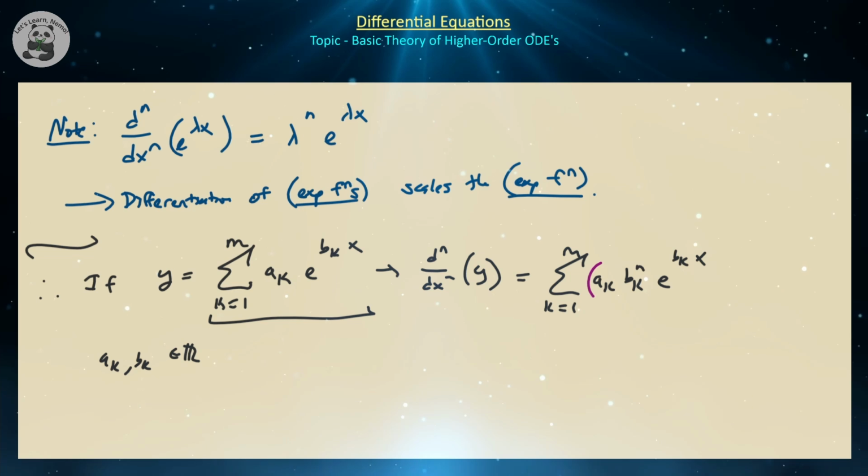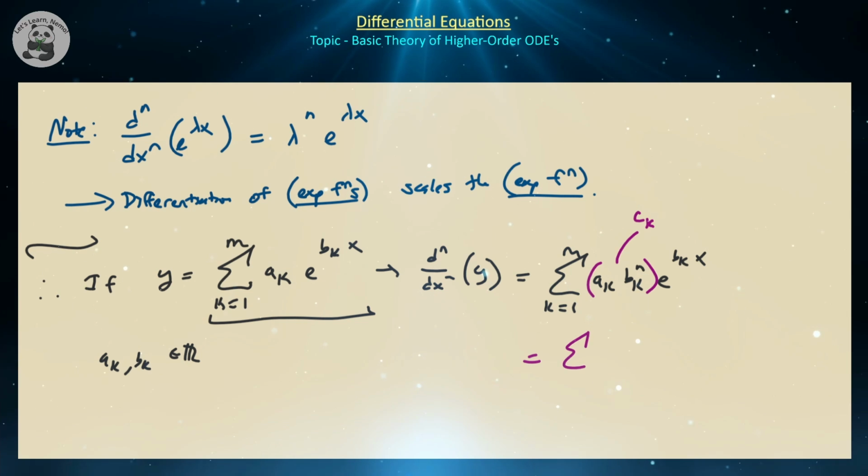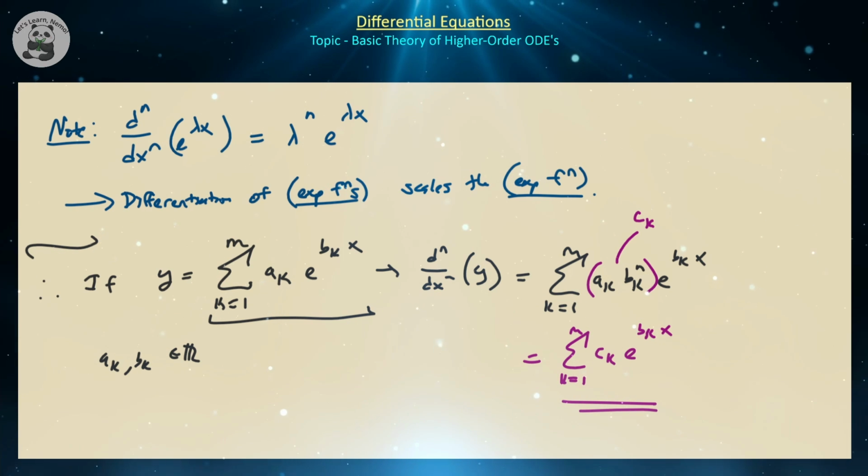So if you look at this, that's just another sequence of real numbers, right? So we can, for example, call that a sequence c_k. So it's just the sum from k equals 1 to m of c_k e^(b_k x). Again, it just changes the scalar factor in front of those exponential functions.